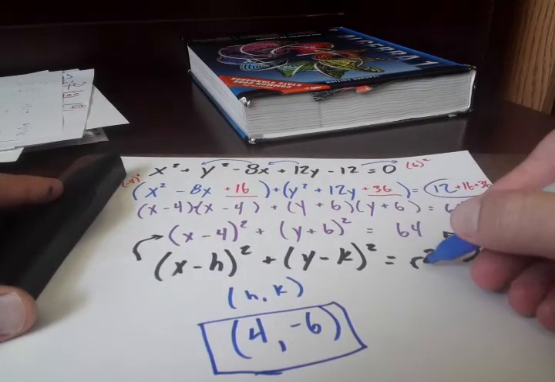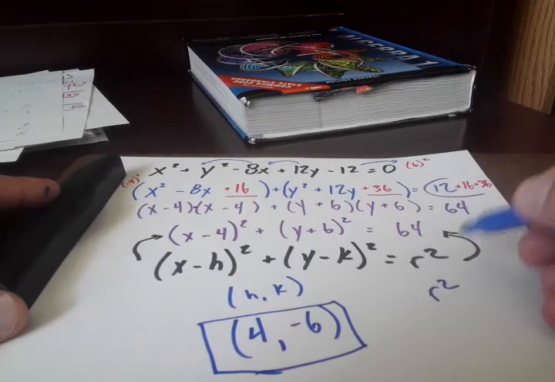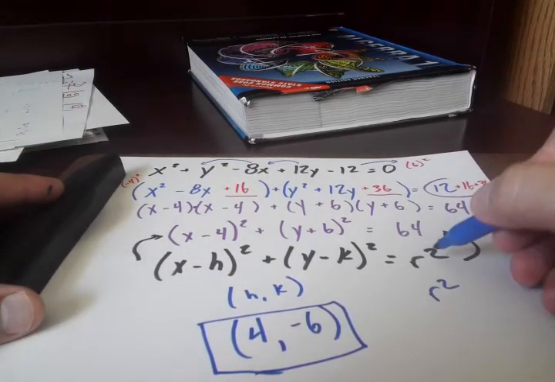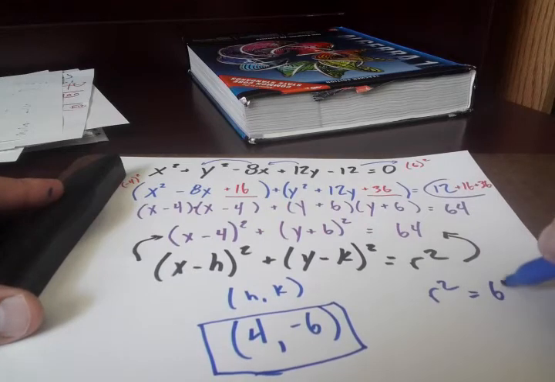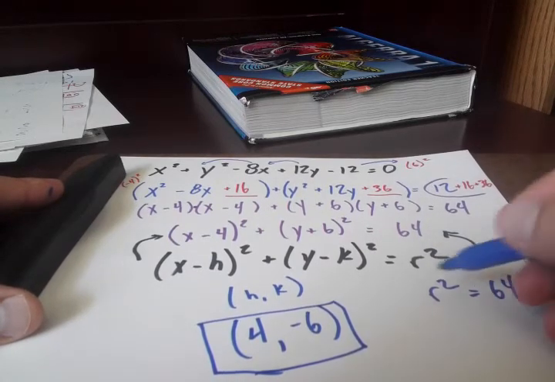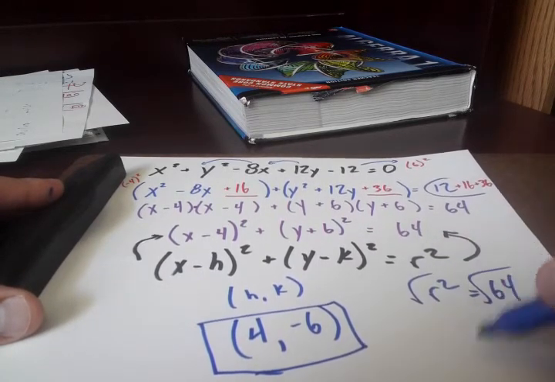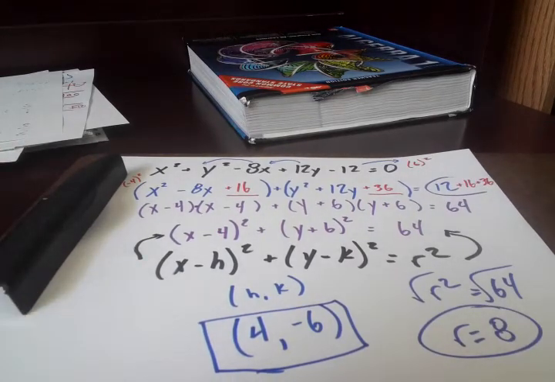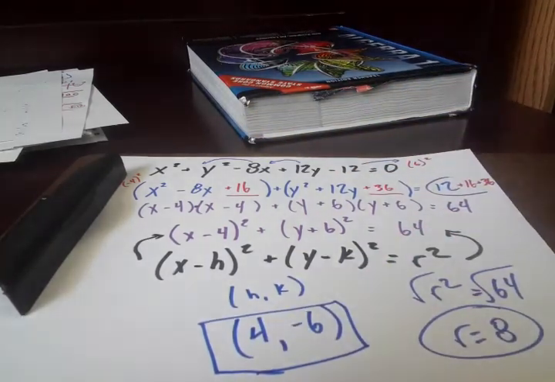Now the radius is over here, although this is r squared. We don't want r squared, we just want r, the radius. So r squared equals 64. How do we get rid of the square? Yep, square root. And the radius looks like it is 8. So our center of this circle is (4, -6), and the radius is 8.